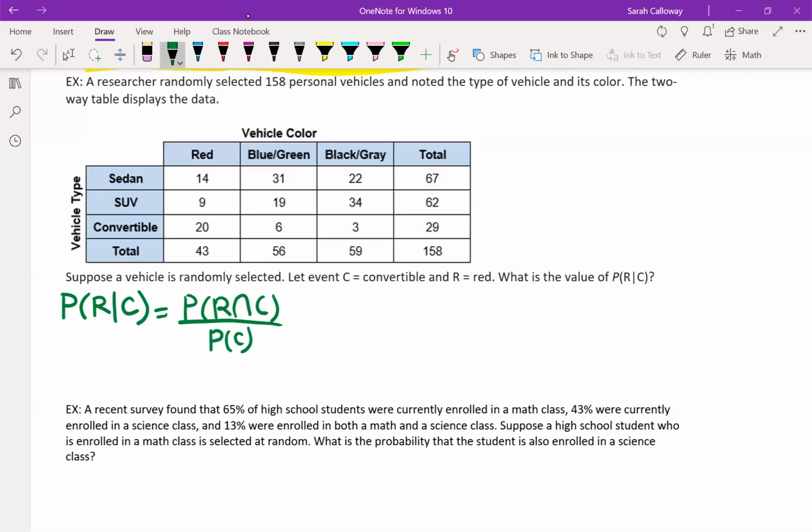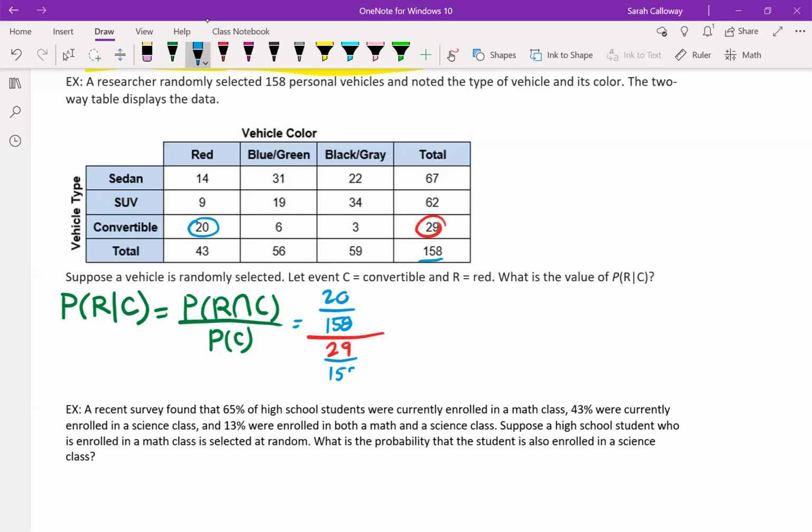I'm going to go through two ways to do this and we'll see why we can use both of them. The probability that something's both red and a convertible is 20. There are 20 red convertibles over 158, divided by the probability something is just a convertible. There are 29 convertibles over 158.